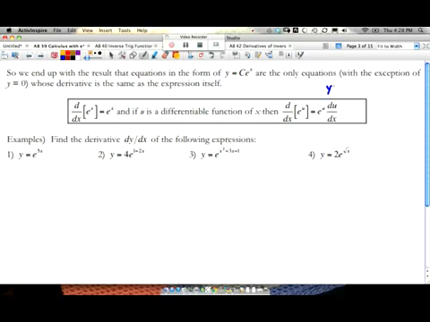Now, of course, we're not going to ask you if y equals e to the x, what's y prime? It's kind of obvious. It's e to the x. But what about chain rule? You know, where you have some function u inside that exponential. Then you're going to wind up multiplying by the derivative of that chain. So in this first one, I see that u equals 5x. In other words, this top piece here is 5x.